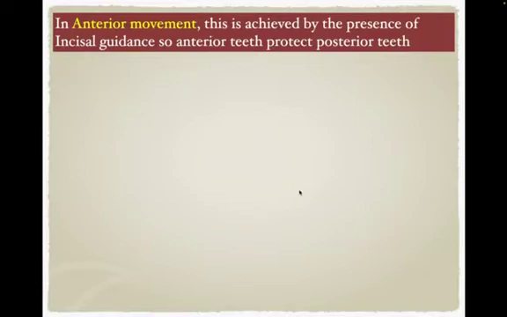By that, the anterior teeth are protecting the posterior teeth. So again, when the patient is doing protrusion forward, the incisor guidance will cause disocclusion of the posterior teeth. On the lateral movement, whether a patient has a canine guidance or a group function guidance, we will have no contact on the non-working side, which means that that side is protected either by the anterior teeth or by the group function.